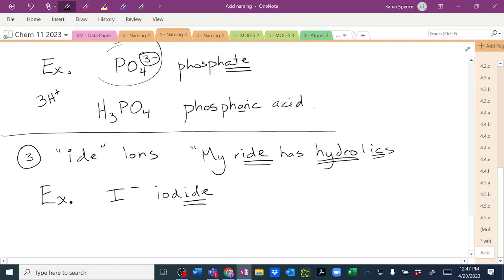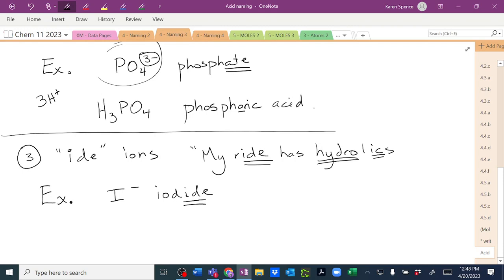Now, this is not maybe the best mnemonic in the world because, number one, hydraulics is spelled with an AU, but we're going to spell it with an O because the kind of hydro we want in our formula is hydro with an O. Plus, how many of you actually understand what hydraulics are in a car? Some of you do, and that will help you. The rest of you who are like, what the heck are hydraulics in a car? Maybe this won't help you remember, but maybe you'll just remember the sentence, my ride has hydraulics. So even if you don't really understand what they are, maybe you can just remember that sentence and it will help you remember. Okay?